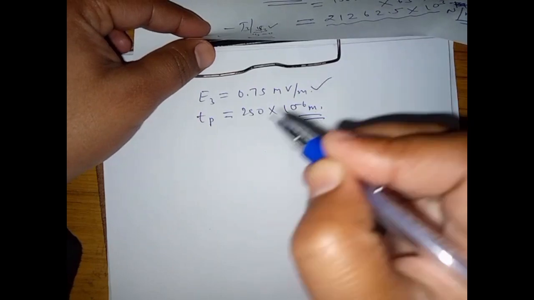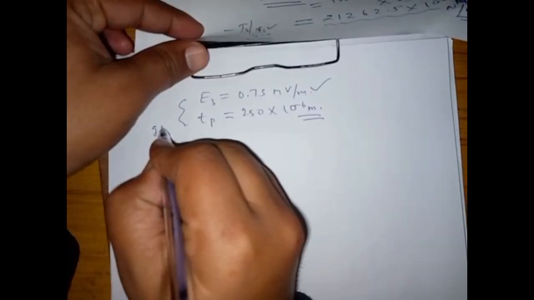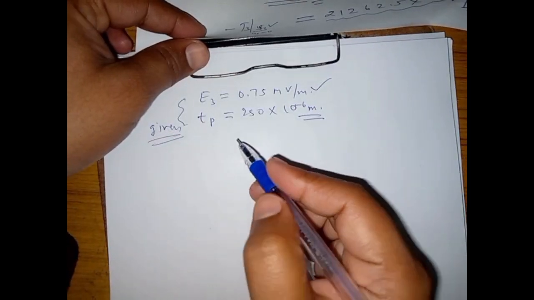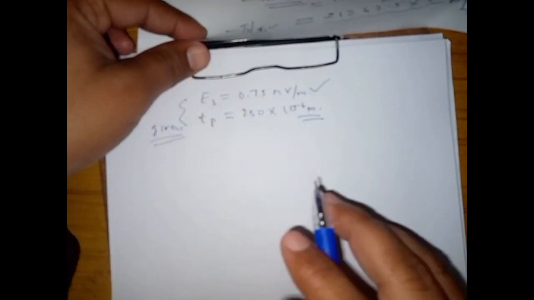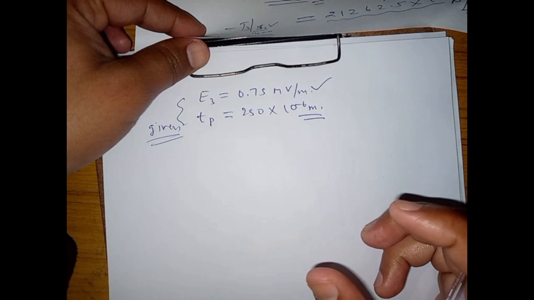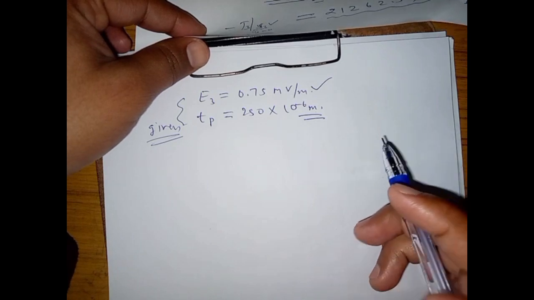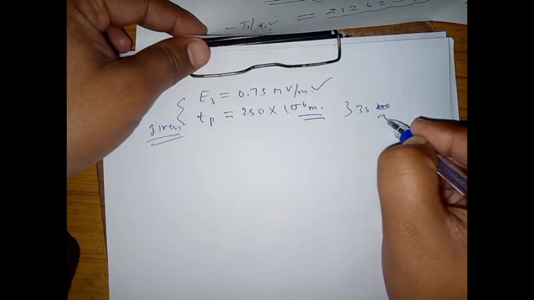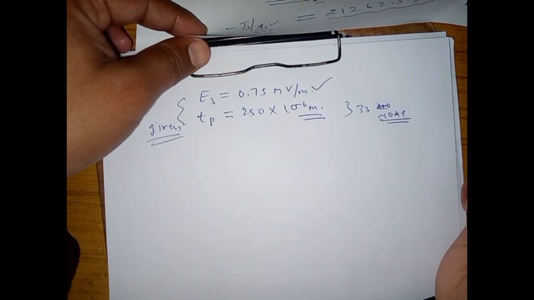These two quantities are given. The electric field is given in the 3 direction, and the thickness is given. Because we are applying the electric field in the 3 direction, this is called the 3-3 mode, right? We are working in the 3-3 mode.